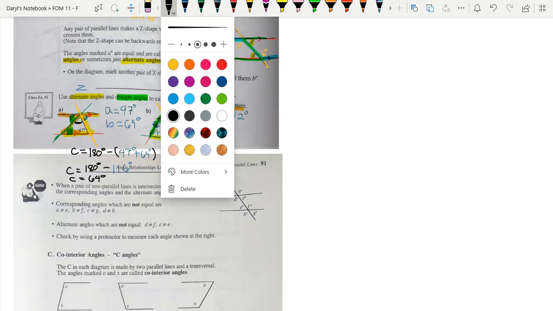Fortunately for us, we are given a triangle, so I'm just going to redraw the triangular part of that drawing.